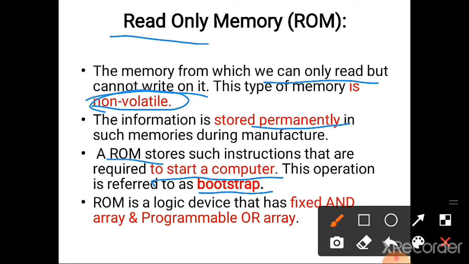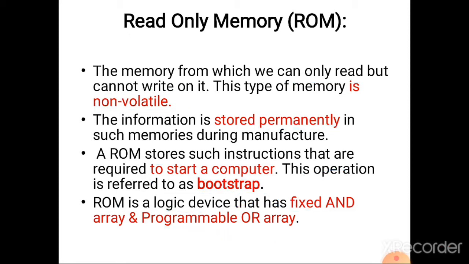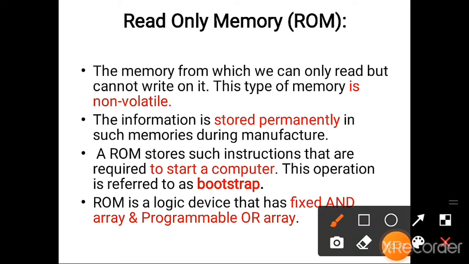So ROM is a logic device that has a fixed AND array and a programmable OR array. We know that ROM is a combination of AND and OR arrays. The AND array is always fixed and the OR array can be programmable.